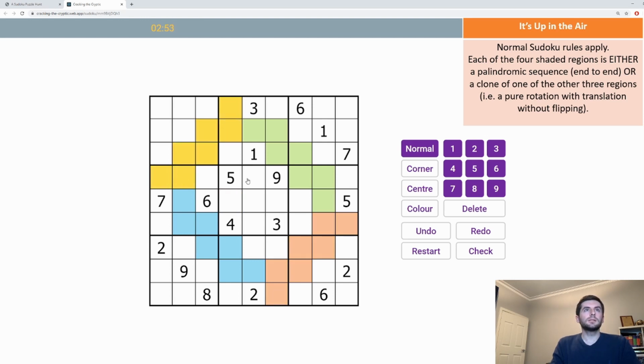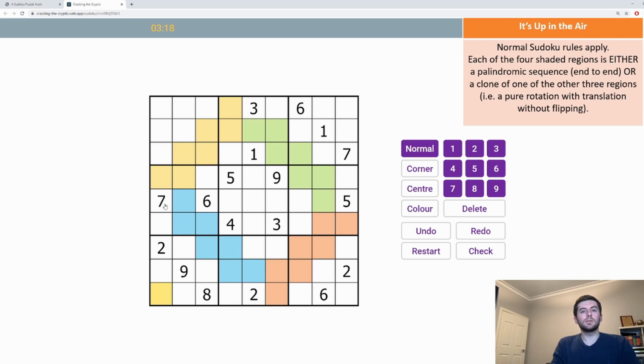The next step is to work out whether either the green shape or the blue shape can be clones in addition to the yellow shape and the red shape. Now, I think the easiest way here, so I suppose if anyone can see it, it is quite clear straight away, but you could pause the video to take some time now.